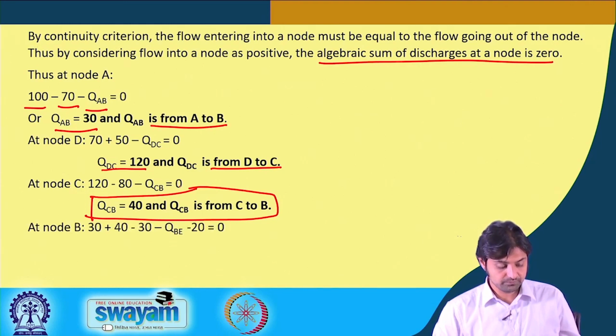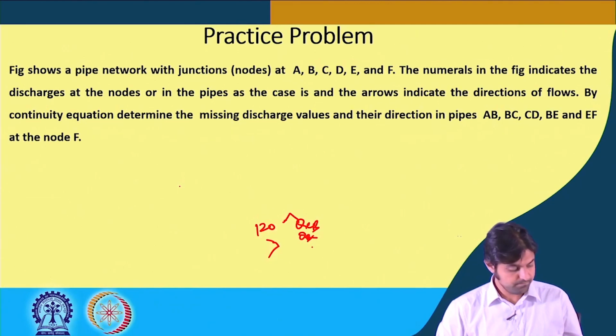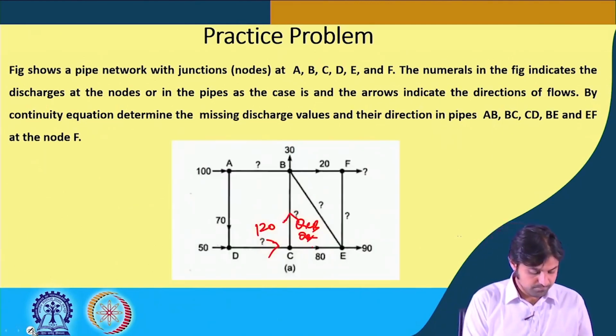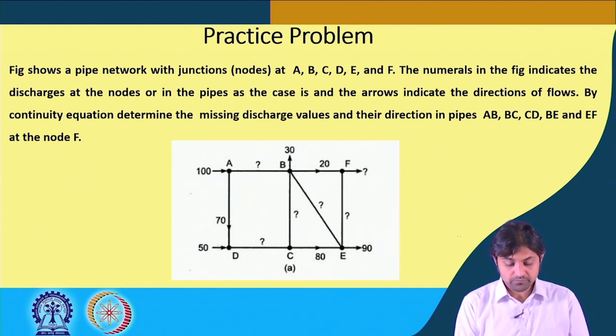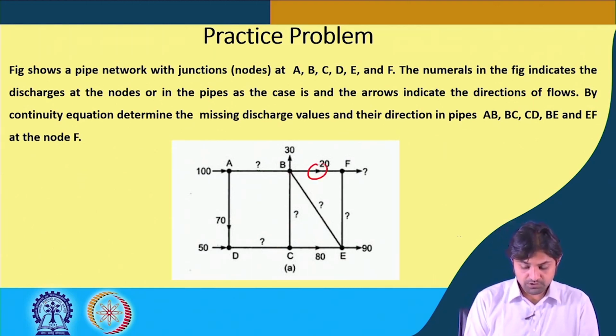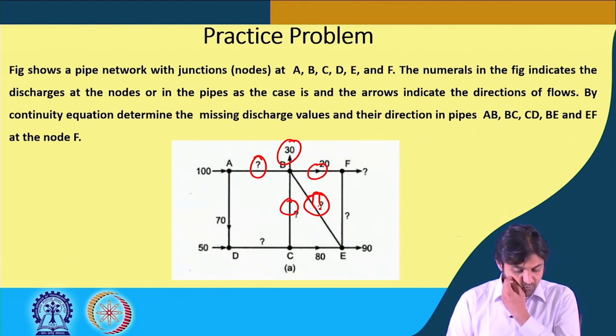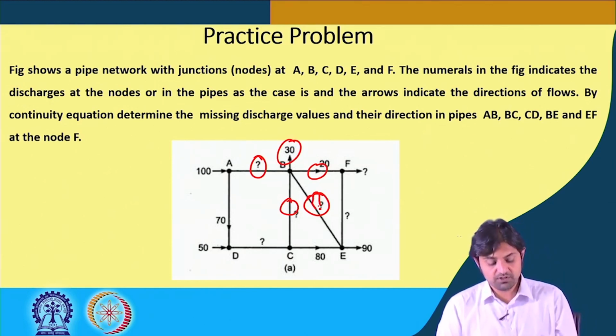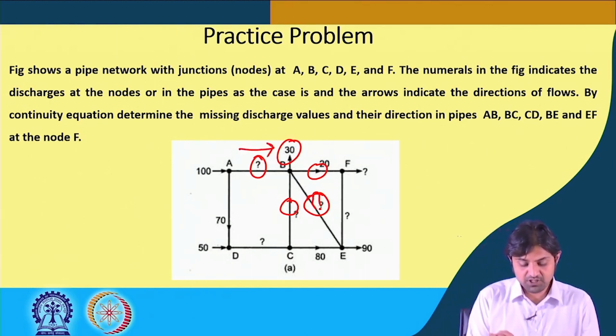Okay. Now going to node B. So now this is known, this is known, this is known, this is known, and we need to calculate this one. Most of the things are known for node B, because node B will have incoming from here that we have already calculated, this we just calculated, this we know from before, and this is already given as 20, okay.